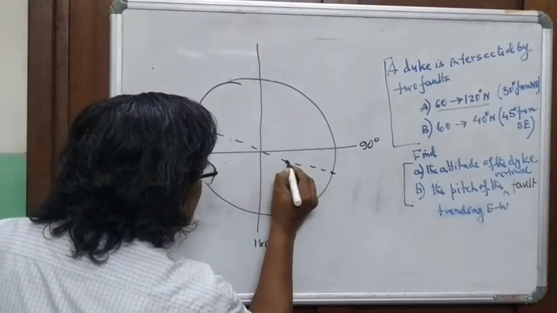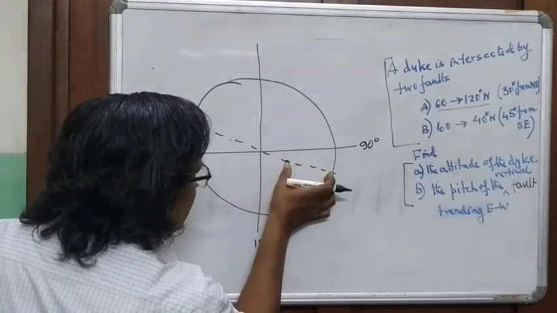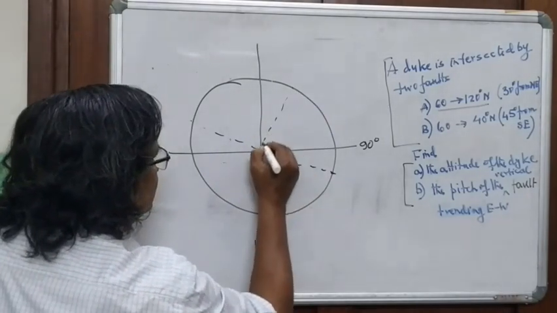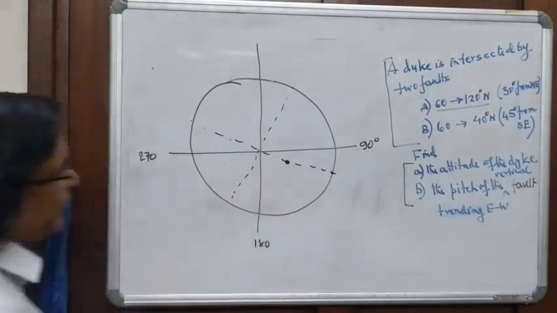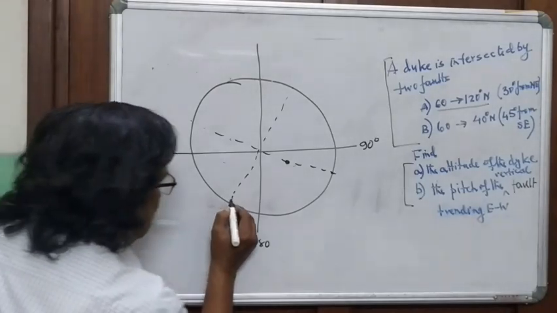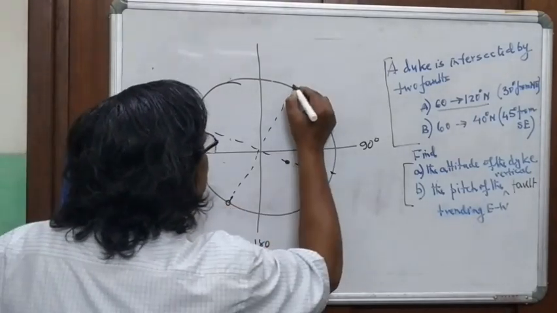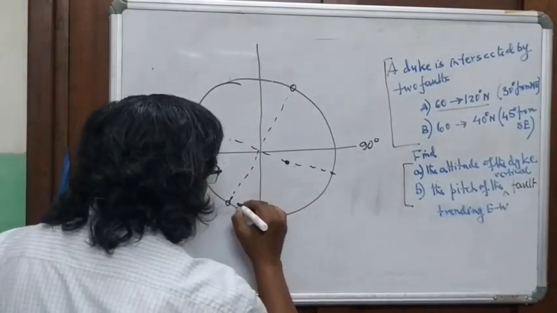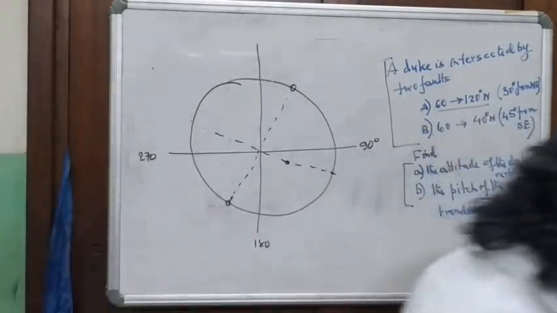Maybe I will take it a little deeper. This is 60 degree towards 120 degree. And this is the strike line. And these are the 2 points of the fault plane as well. So the fault plane now looks like this.